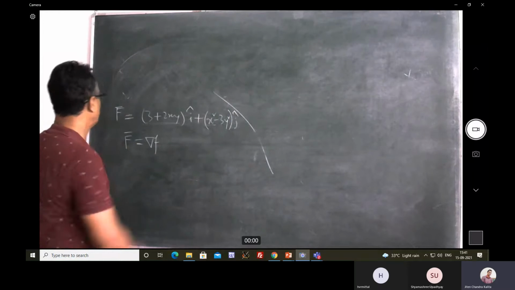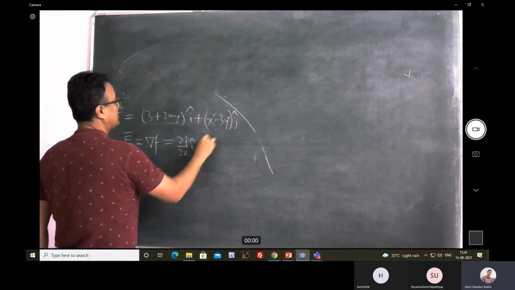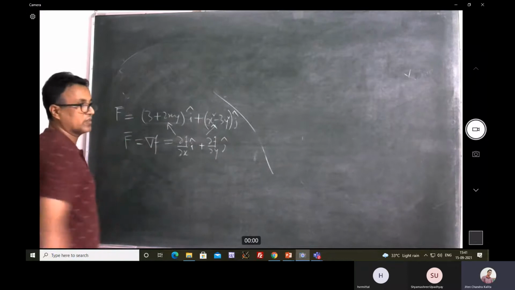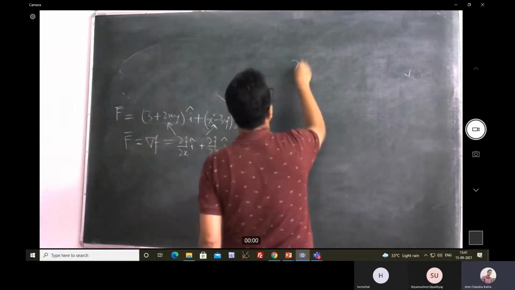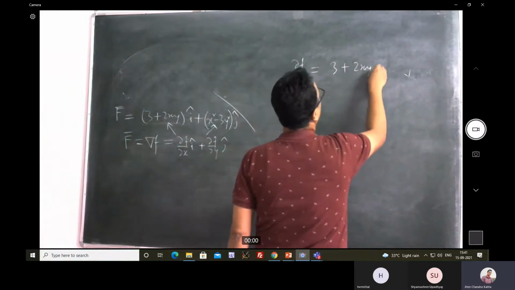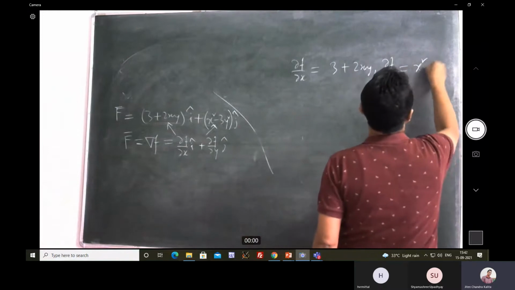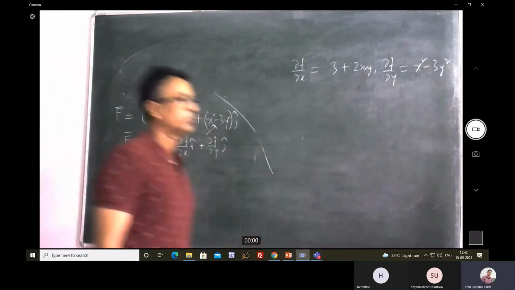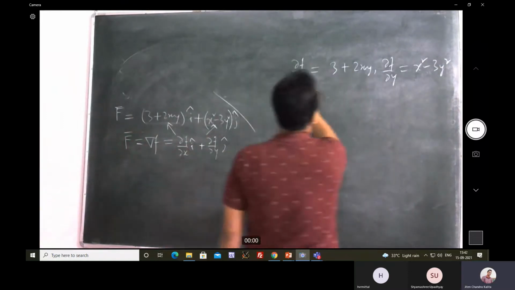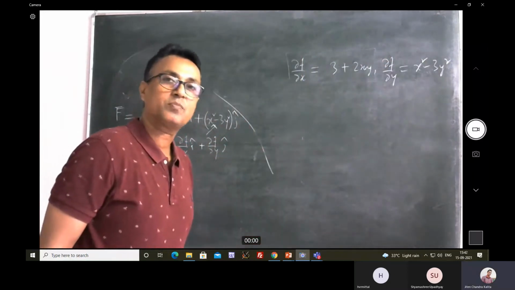If F has this form, then it is del f del x i plus del f del y j. Equating the respective components, we must have del f del x equal to 3 plus 2xy and del f del y equal to x squared minus 3y squared. Now, if I integrate this relation partially with respect to x.